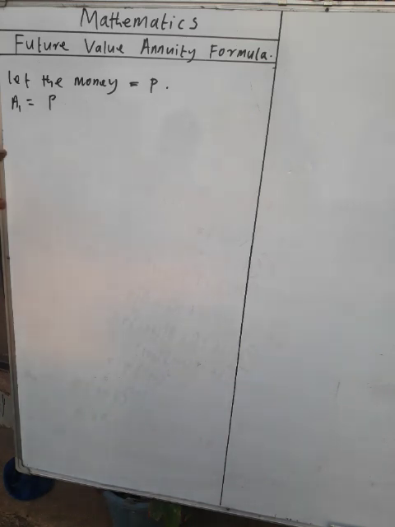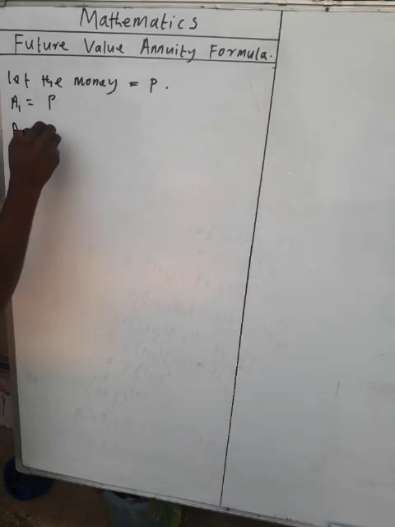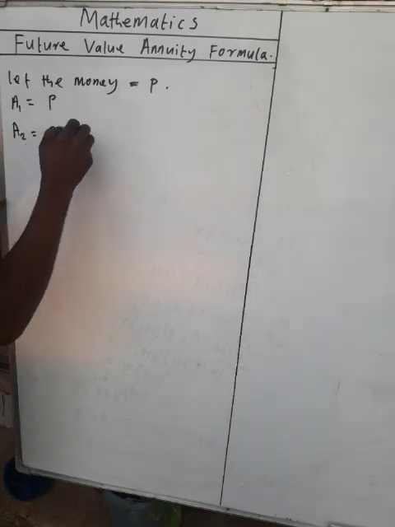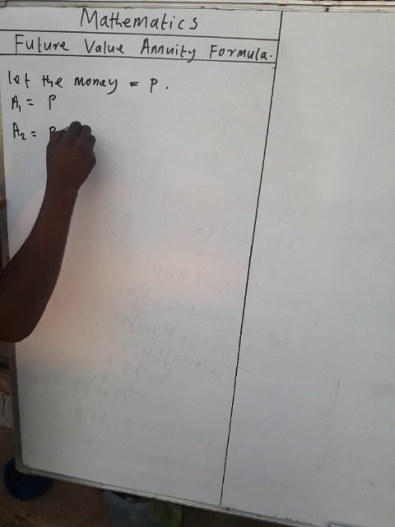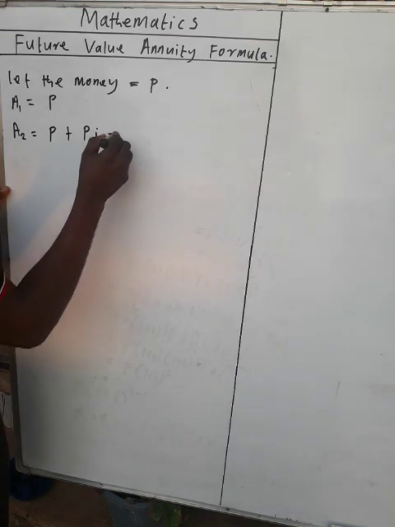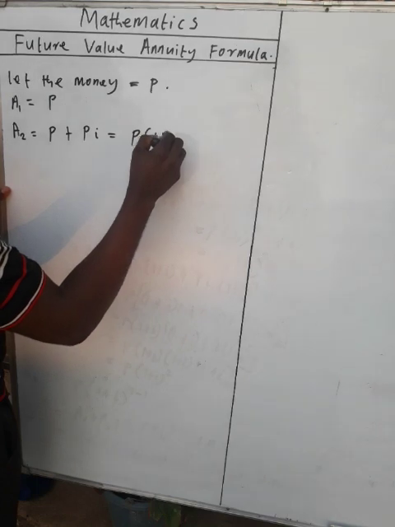In the second month, you pay another P. So the amount you're going to have in the second month will be P plus interest made on the first month, which is in the form of P plus PI, where I is the interest. If I factor out P, the amount will be P bracket 1 plus I.